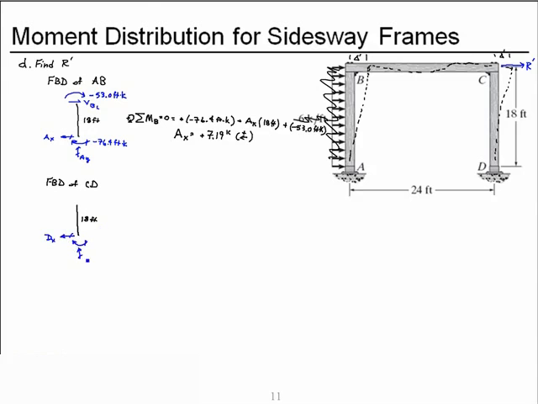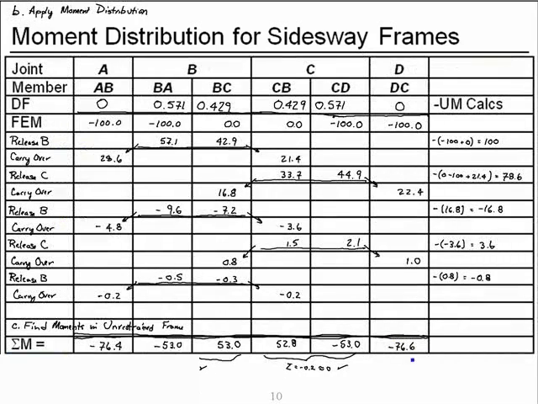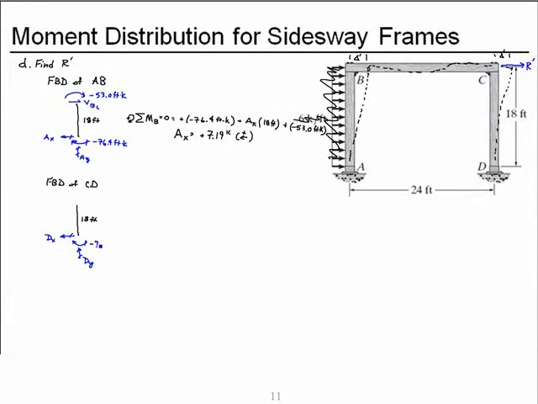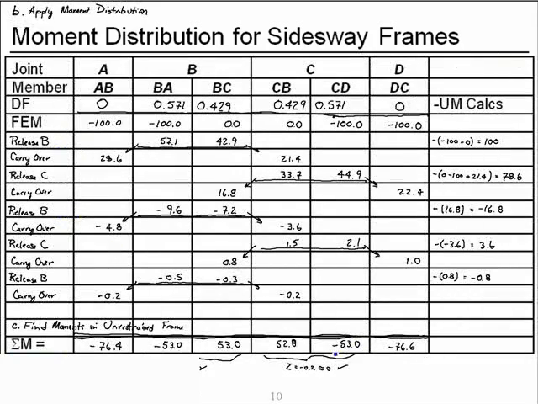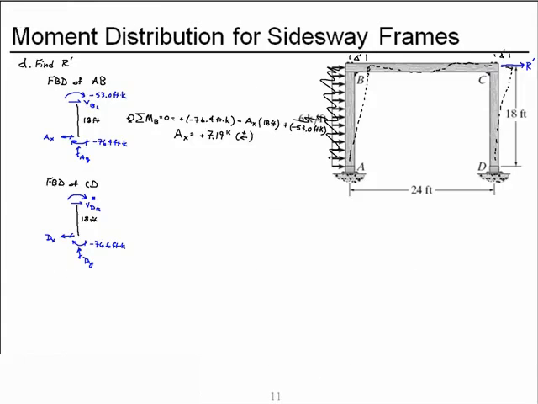My vertical force, my moment at D, which we found to be negative 76.6 foot kips, the shear at D, or just to the right of it, and the moment we found to be negative 53 foot kips.